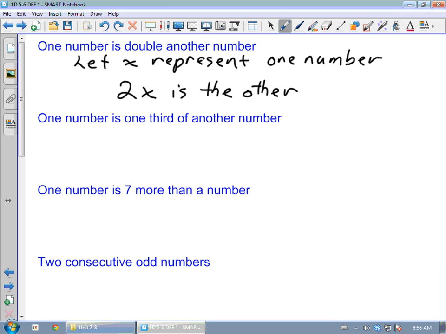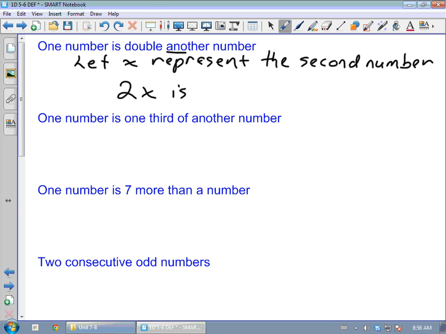So if we could clarify this to say, one number is double another number, let x represent the second number. Okay, that would be this one right here. And 2x is the first number. Does that make more sense? Okay.